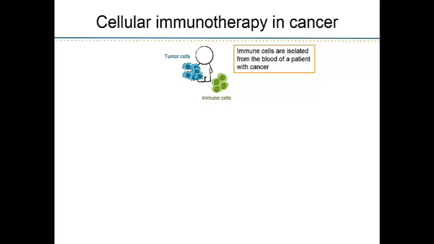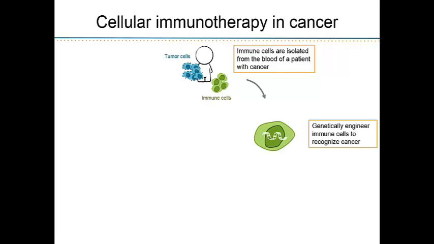So the basic principle of cellular immunotherapy, particularly in cancer, is that we're taking cells from patients and genetically modifying them so they're able to recognize cancer when they wouldn't normally be able to. We isolate these immune cells from the patient and genetically engineer them.